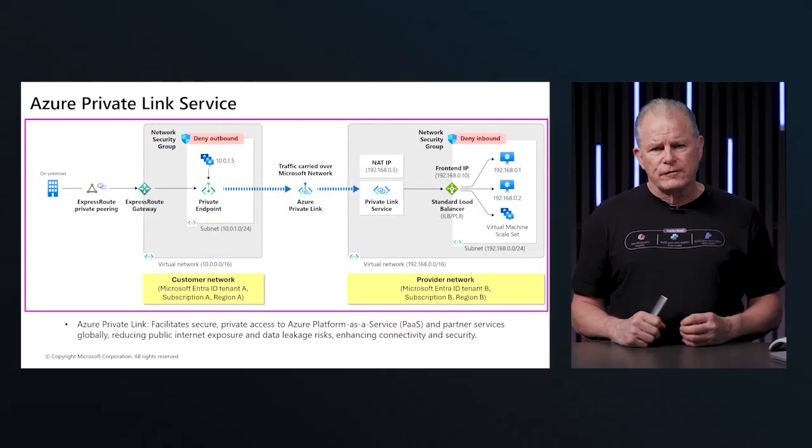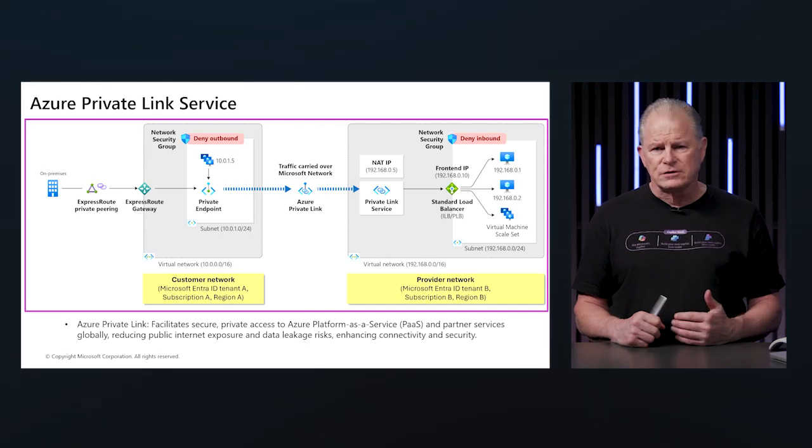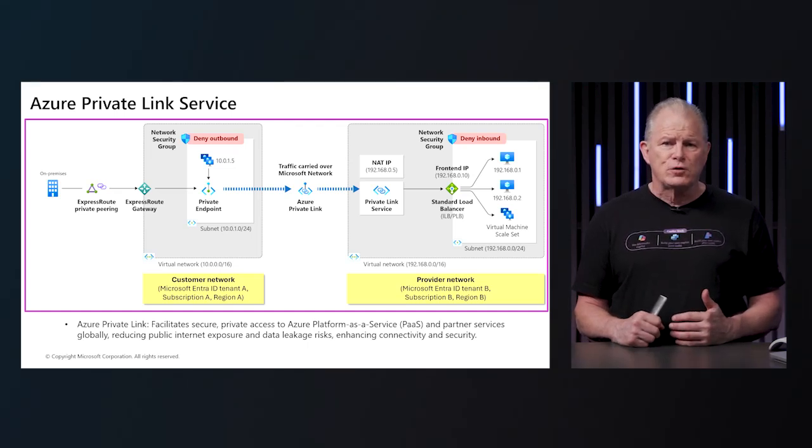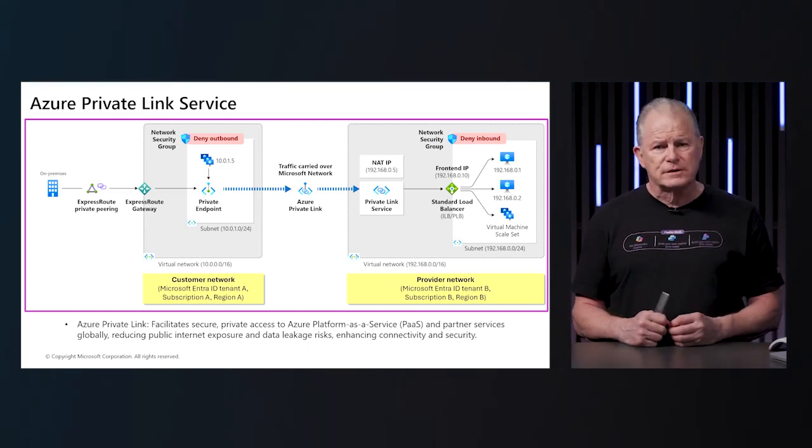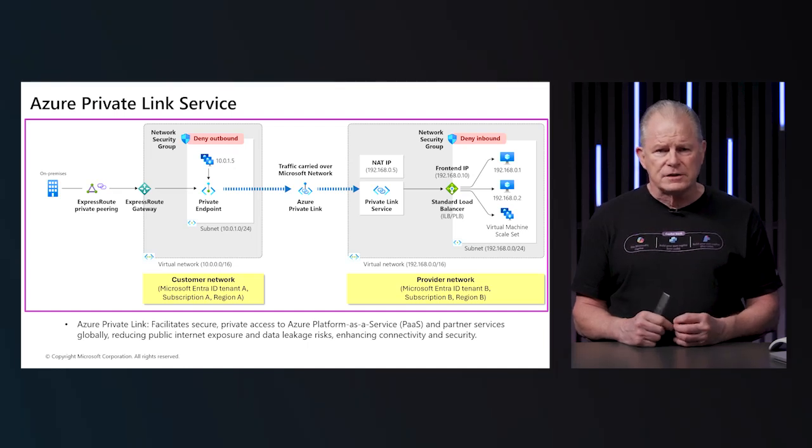Azure Private Link Service allows you to securely connect to Azure services such as Azure Storage and SQL databases and your own services over the private endpoint within your virtual network. This ensures that traffic between your virtual networks and those services remains on the Microsoft backbone, avoiding that exposure to other networks and the public internet. It establishes the private connection to Azure services, ensuring that it remains within the Azure network.